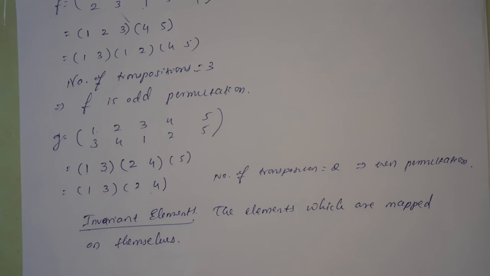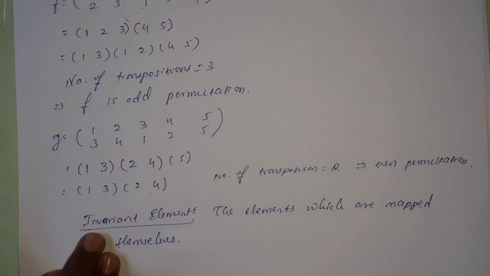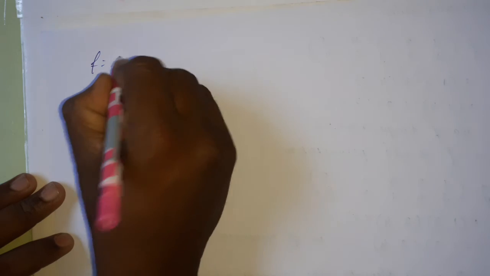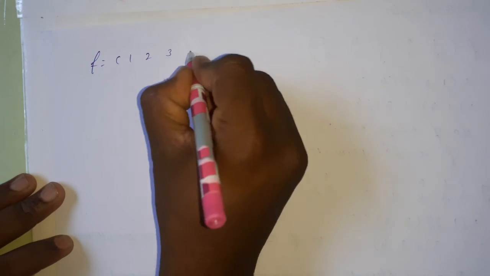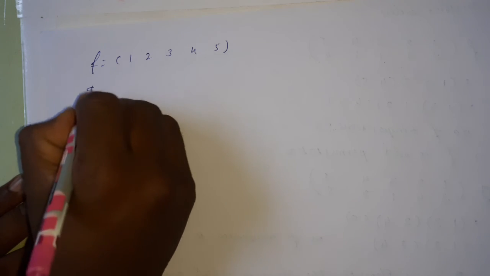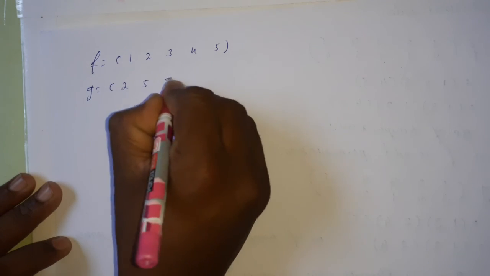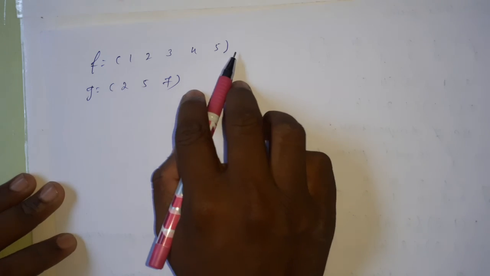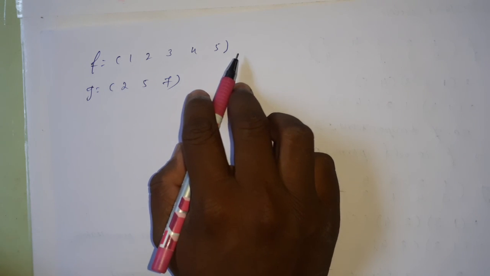So this is about how to write the even and odd permutations for a given permutation. Now let us consider some more examples. Let F be equal to (1, 2, 3, 4, 5) and G equal to (2, 5, 7). Here F is having only one row, meaning that it is always a cycle.